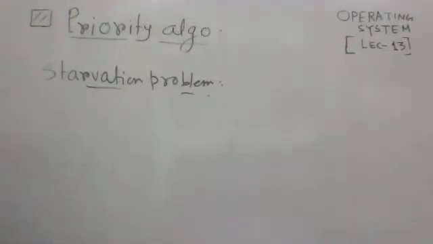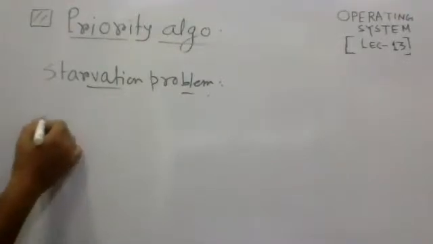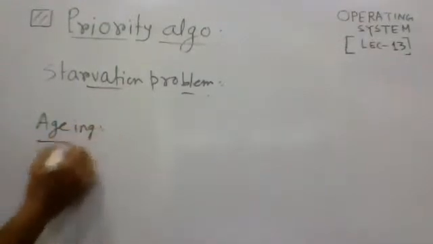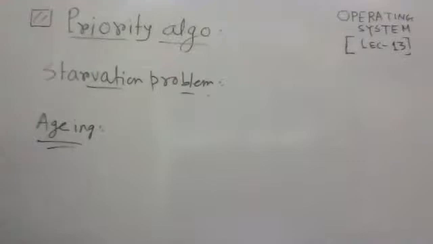And the solution to this problem is called aging. Aging is the solution technique for the starvation problem. In this case we can consider dynamic priority.